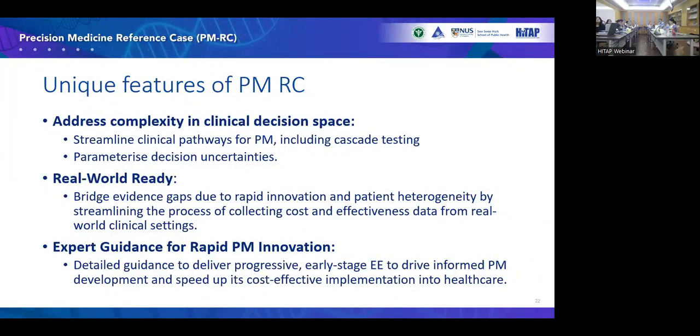So we need to leverage real-world data and streamline the process of collecting cost and outcome data from the real world, and apply causal inference techniques if possible. And the bottom line is, if nothing is available, then we can use surrogate outcomes and expert elicitation with caution.